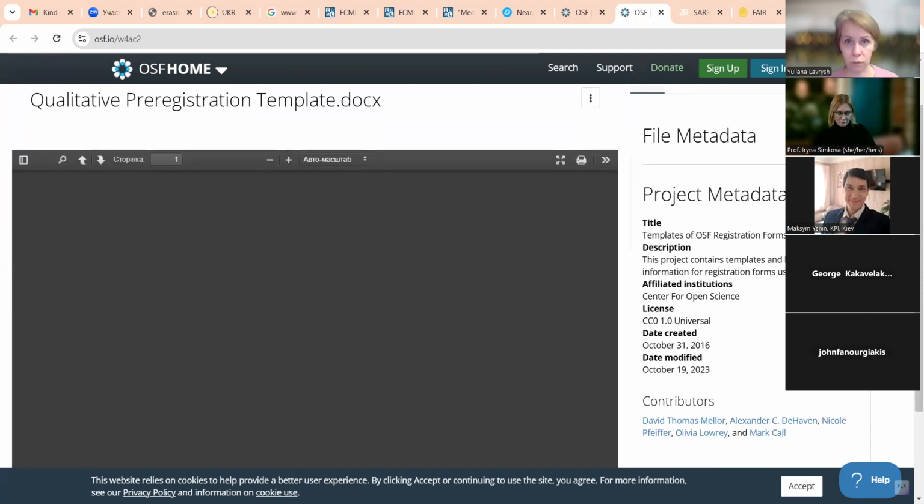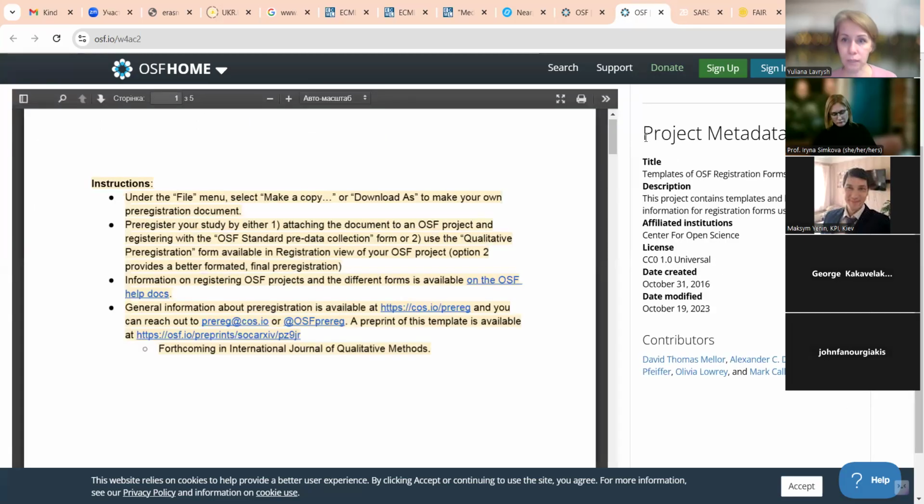I've told you the difference between data and metadata. Metadata is the title, description, affiliation, university, maybe some organization, institution, license, date created, modified, for example, and contributors who provide this data. So this is metadata which should be filled.